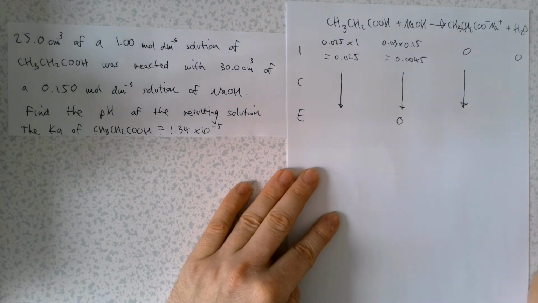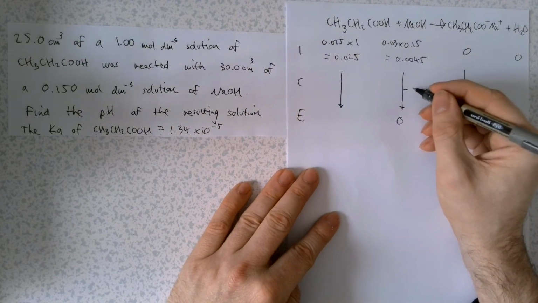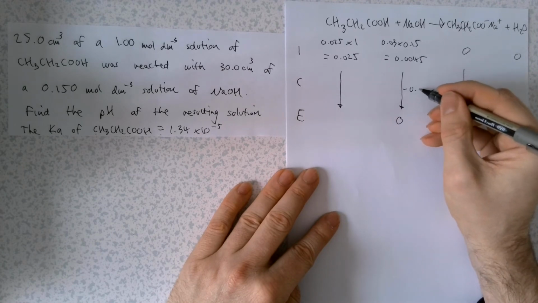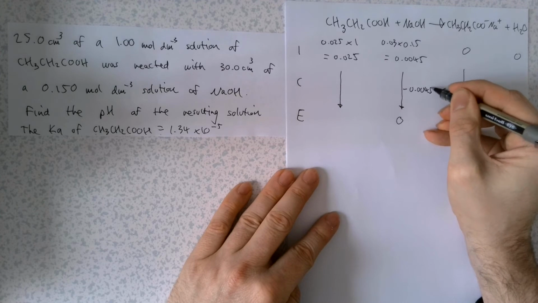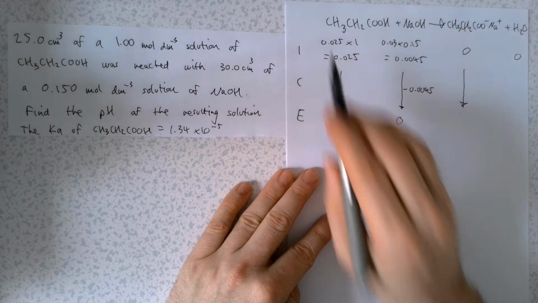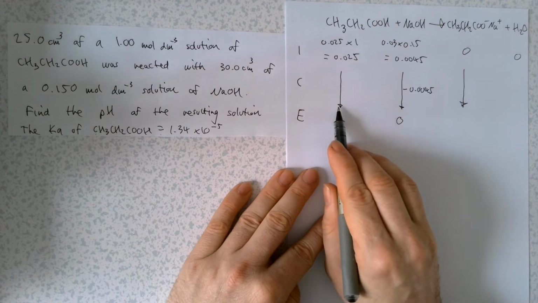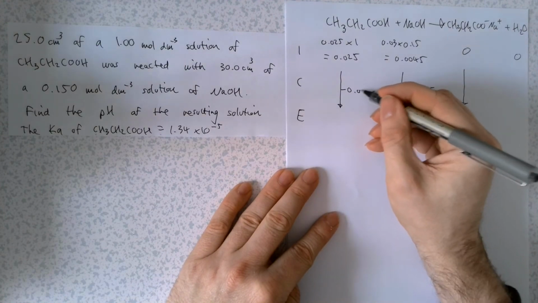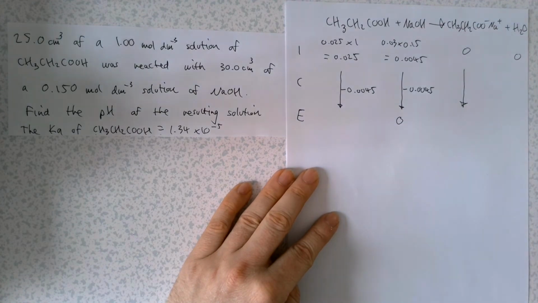I'm going to use up all of that, so that has changed, which I'm just going to keep track of on my arrow, by minus 0.0045. As it's a 1-to-1 ratio, that means my moles of propanoic acid must also change by 0.0045.